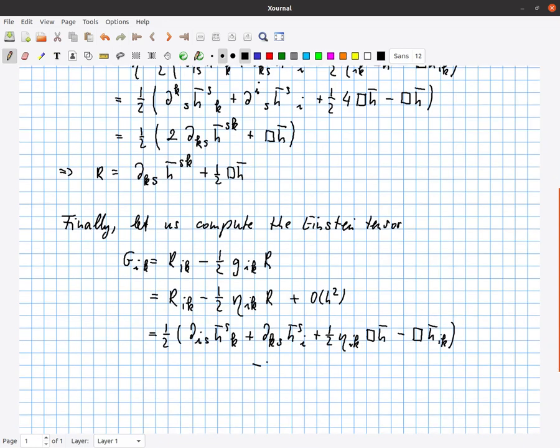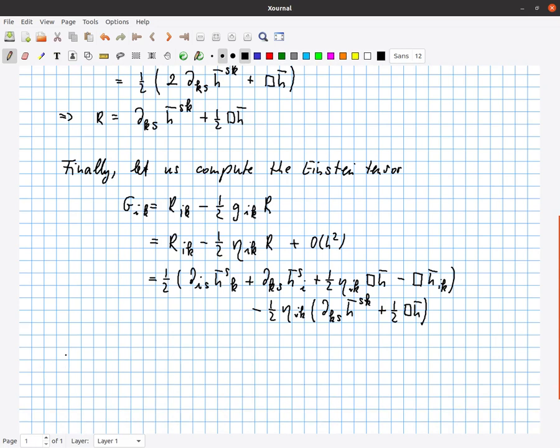And now we subtract 1/2 eta_ik times R, which is given by this expression: partial_k partial_s h bar sk plus 1/2 box h bar. You see that there's a factor of 1/2 here and a factor of 1/2 here, and the only combinations will be those box terms.